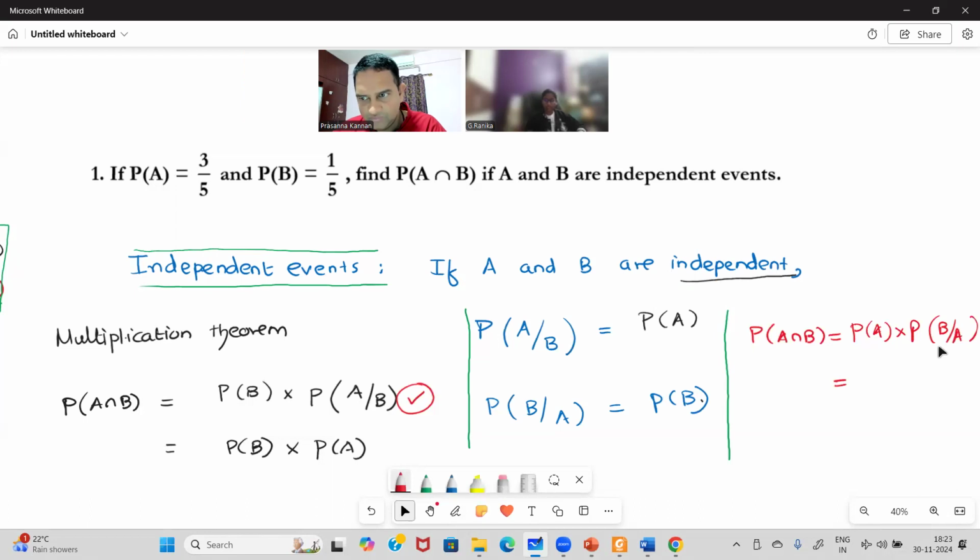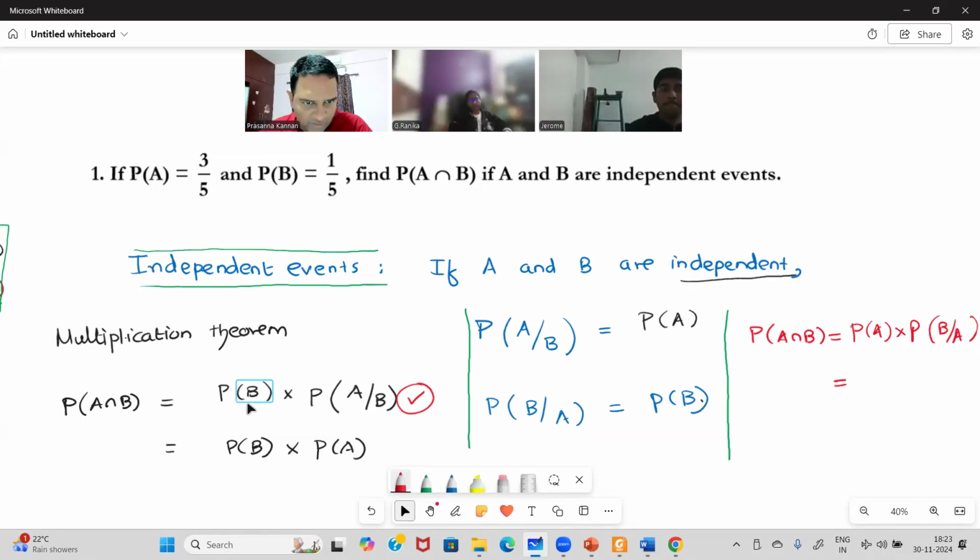P of A into P of B given A is one form. Another form is P of B into P of A given B, sir. Correct. Now if A and B are independent, then what will happen to the second term, Ranika? Then the second term would be P of B, sir. Very good.